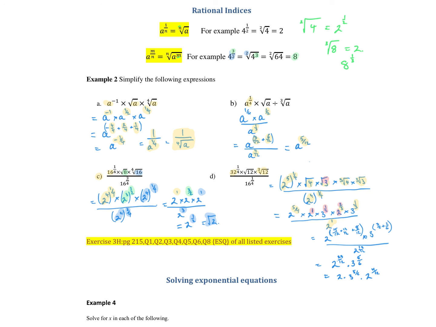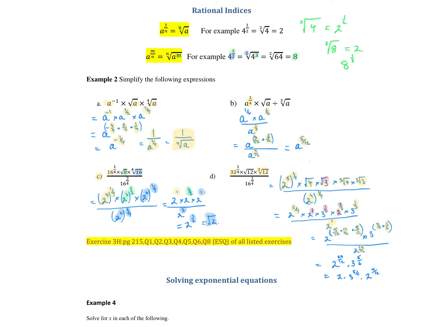So I made everything in terms of a denominator of 12. So 5 on 4 is 15 on 12. 1 is 12 on 12. And 2/3 is 8 on 12. My 3s, I've got a half, which is 3 on 6, plus a third, which is 2 on 6, all over 2 to the 12 on 12, just to make them all 12ths. So I've got a common base.